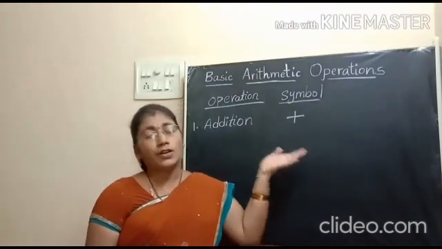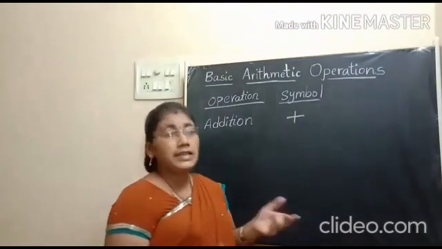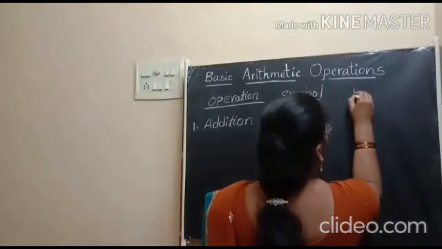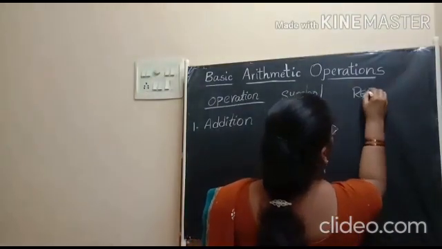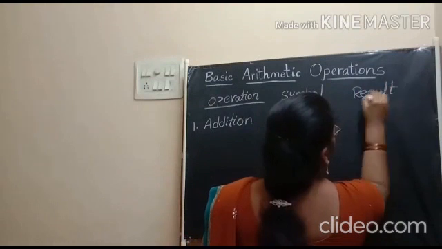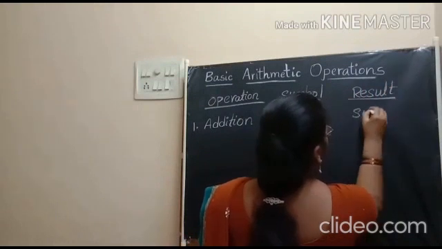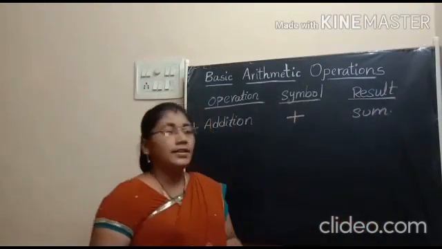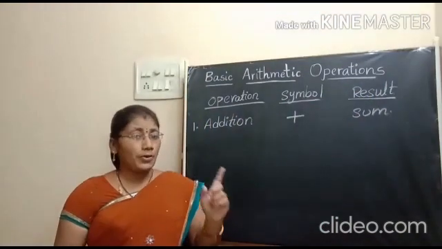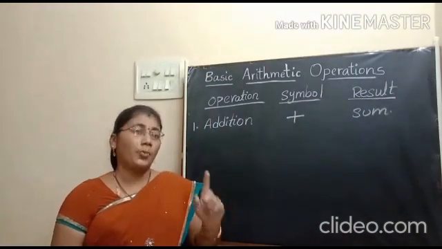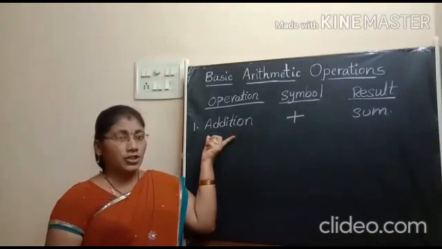That answer or result is called sum. Understood children? The first basic arithmetic operation is addition.